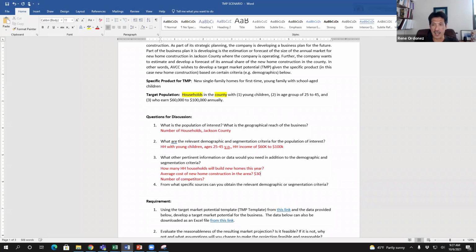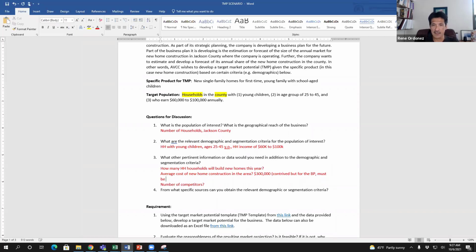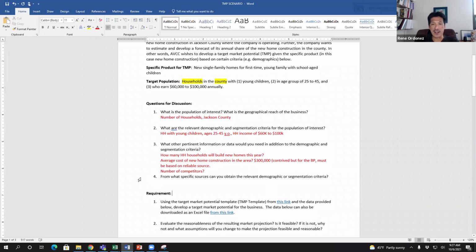Let's say that it's $300,000 is the average. Contrived, but for the business plan must be based on reliable source. So that kind of answers our question, the number 4. From what sources can you obtain the relevant demographic and segmentation criteria?